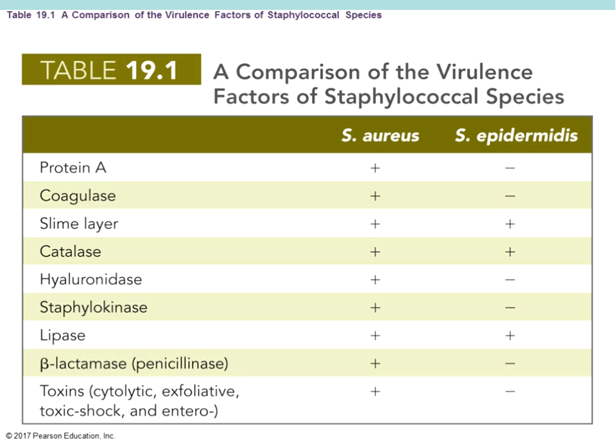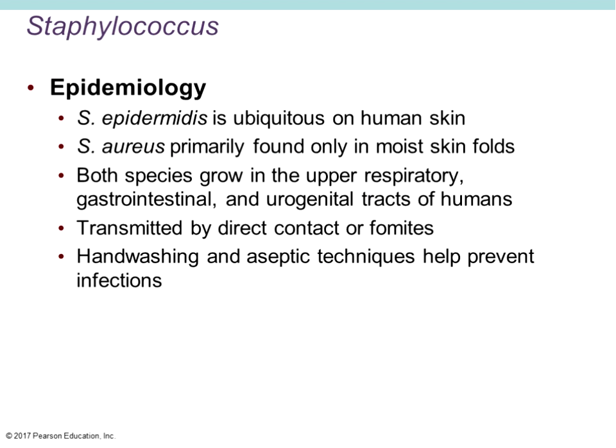So this is a nice little chart to see at a glance who's got what. And from the looks of this chart, you can see that Staph aureus has many more virulence factors than Staph epidermidis, which is the reason why Staph aureus is much more virulent than Staph epidermidis, as we said in the very first slide.